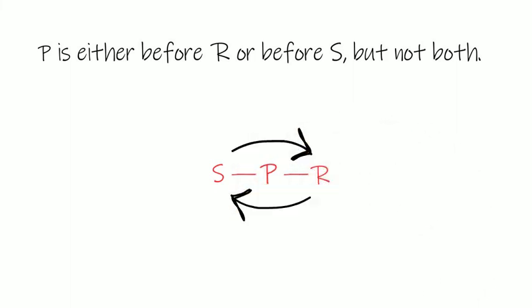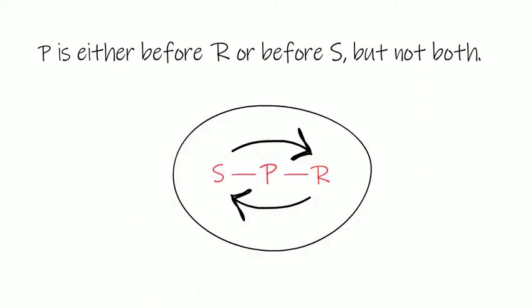So if we were to draw a visual representation, it might look something like this. And you can see that we're just placing P between R and S where we don't know. R could be first, S could be first. All that matters is that P is not before both of them. But these are just some of the ways that the rules can be a minefield. And it highlights the importance of understanding basic logical relationships as you turn to the rules portion of a game.